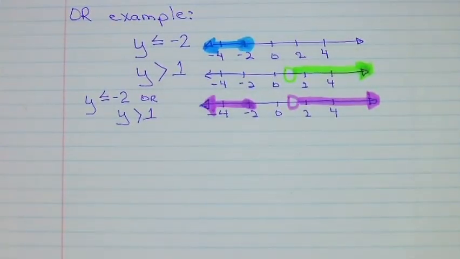Because your x only has to satisfy one of those two, not both of them. Okay? I hope that makes sense.